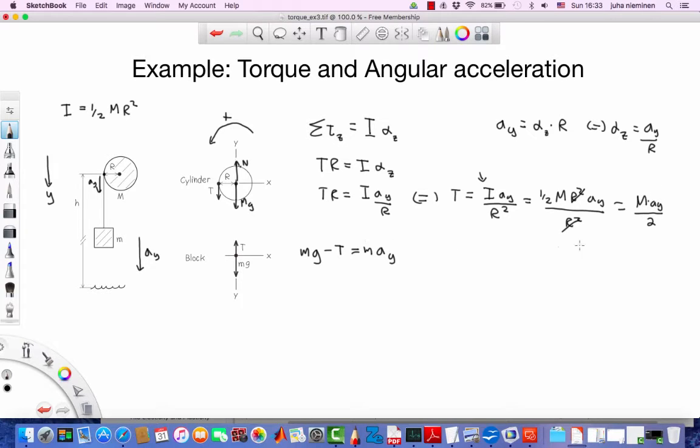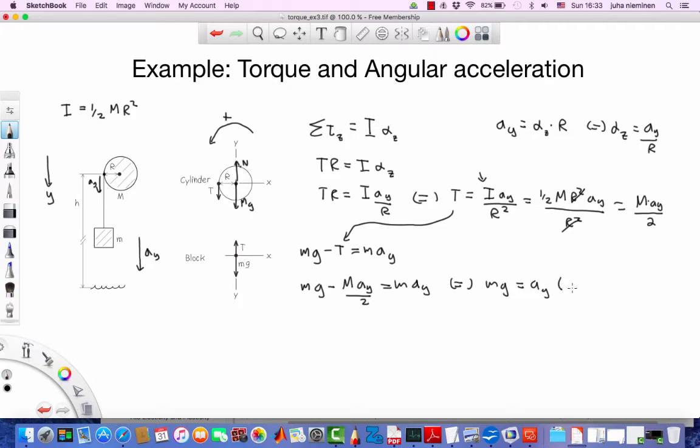And we'll plug the T into the equation that we have for the block. So we get mg minus M ay divided by 2 equals m ay, and we organize terms, so mg, then everything with the ay goes to the right hand side.